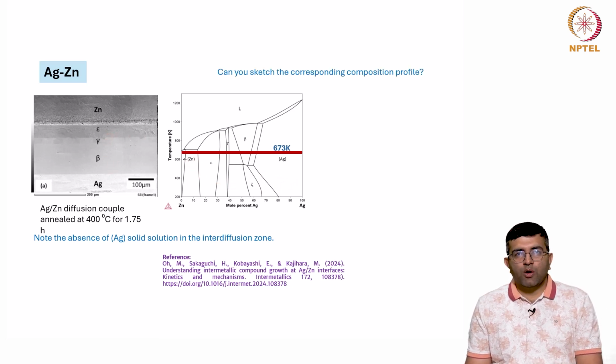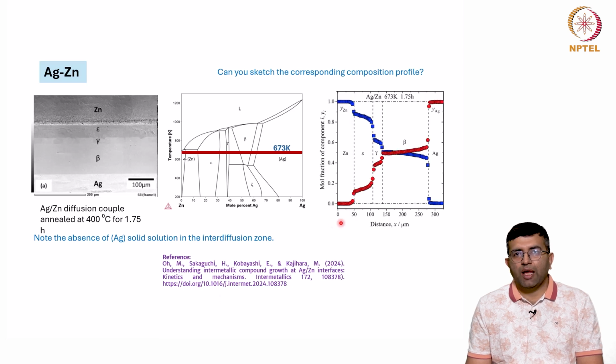So, if you want to now sketch the composition profile, it looks something like this. You see the epsilon phase has a wide homogeneity range, the beta also has a wider range, and the gamma also. So, you have gradients in each of these phases, and then of course, you have zinc and silver as the end members.